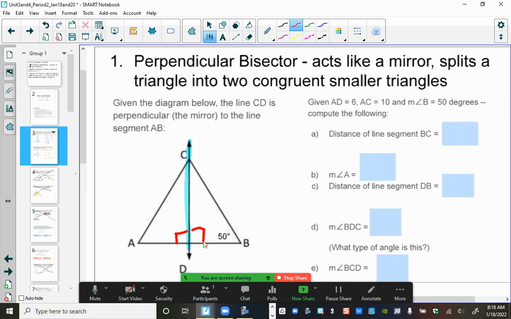Now, I gave you some information at the beginning. For instance, this distance AD is 6. I gave you this distance up here, 10. So now that's going to help us when we get everything else.